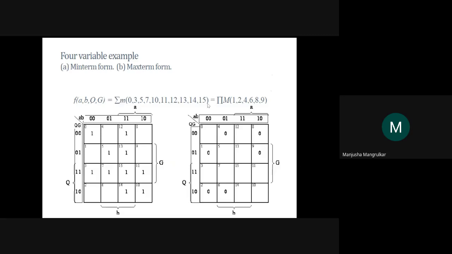And here this is pi and a capital M, which means all the terms are considered as a 0, right? And their terms are sum, and all the sum terms are product. So this is called the product of sum, and this is called the sum of product.